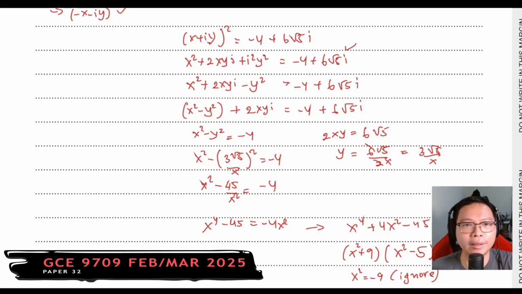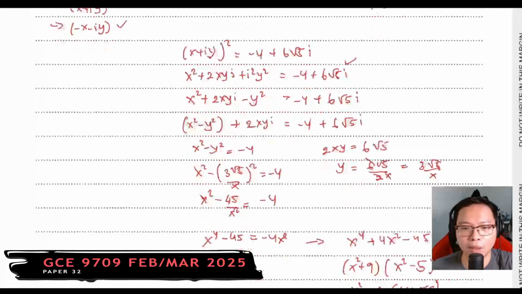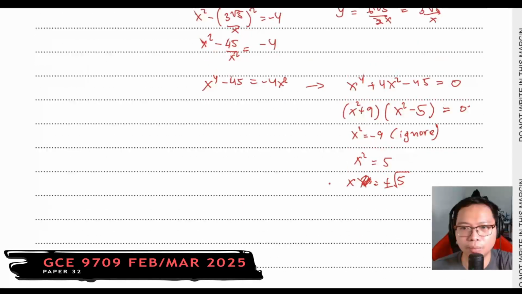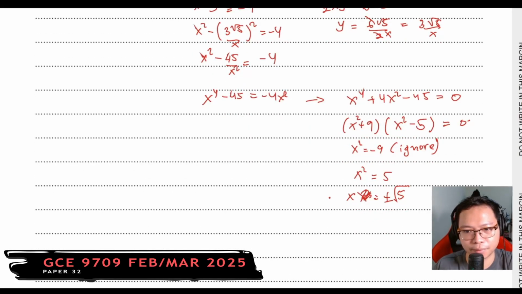Now we find the y. The y just now would be 3 square root of 5 divided by x.